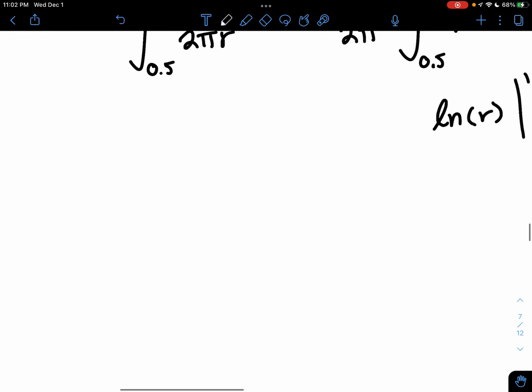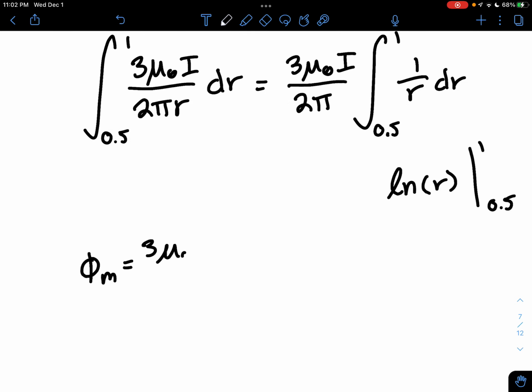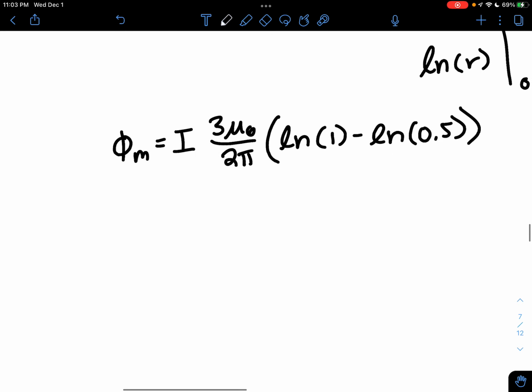So now we get that our magnetic flux is just going to be equal to 3 mu naught I. Actually, I'm going to pull that I out real quick. It's going to be I times 3 mu naught over 2 pi times ln of 1 minus ln of 0.5. All right. Home stretch, almost there, right?